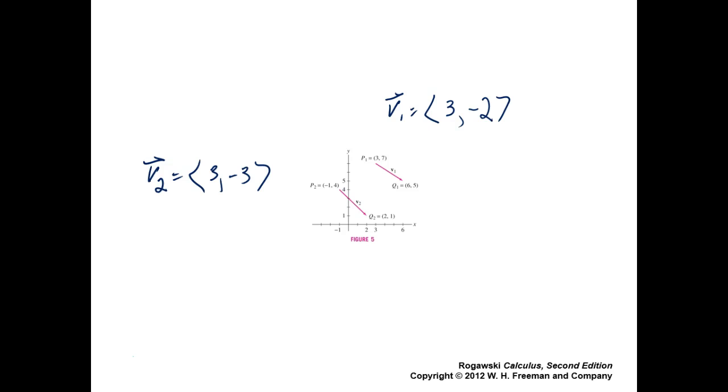All right. Okay? So first, determine if they're equivalent. No, they're not. Okay? The second says, what is the magnitude of V1? So we want to do magnitude of vector V1. And what would that be?